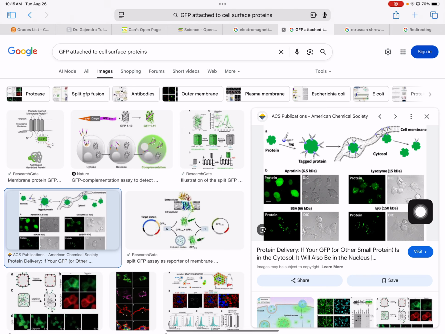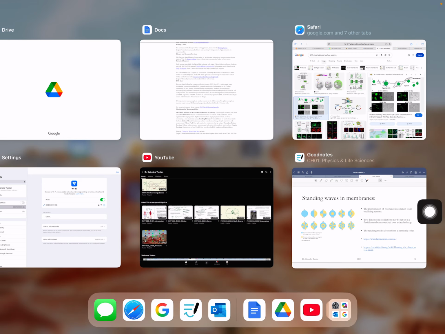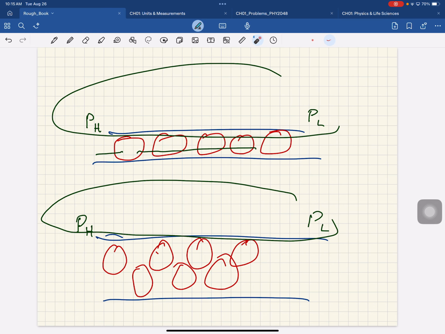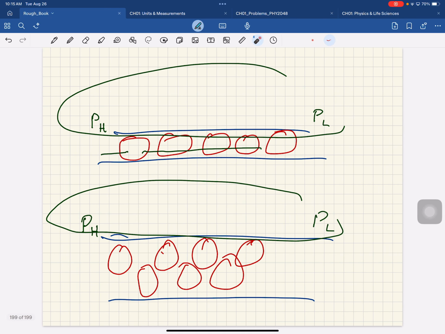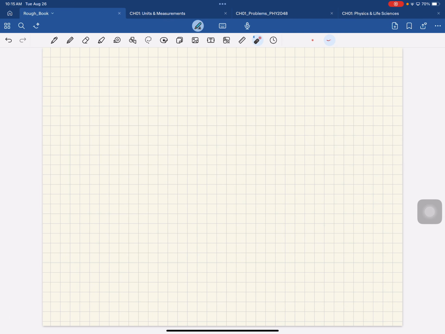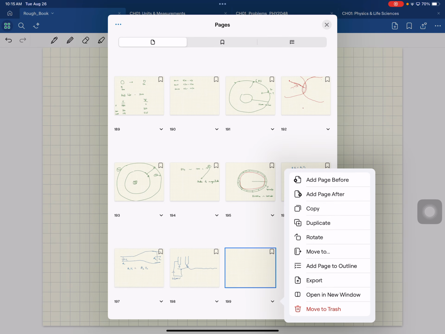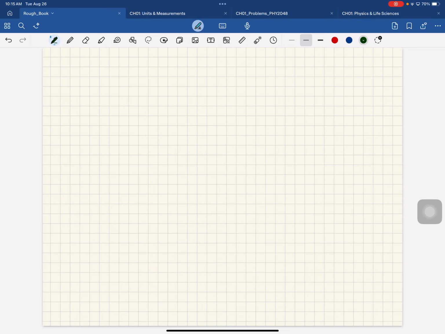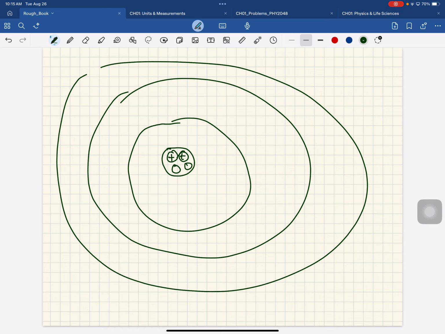So here is this fluorescent molecule. Before I do that, I just want to, okay, what is this?